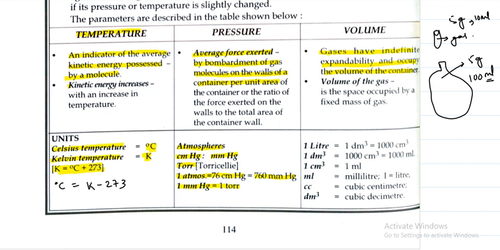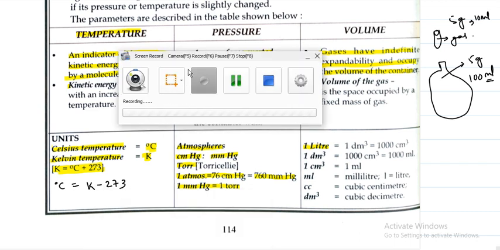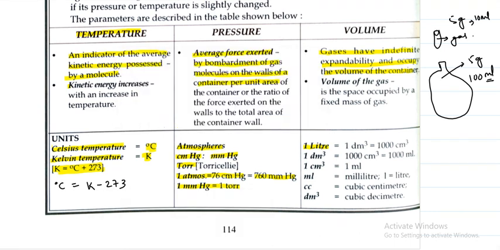Okay. Next, what is the unit of volume? The unit of volume is liter. To remember, 1 liter is equal to 1 decimeter cube, which is equal to 1000 cubic centimeter, so that is equal to 1000 ml.